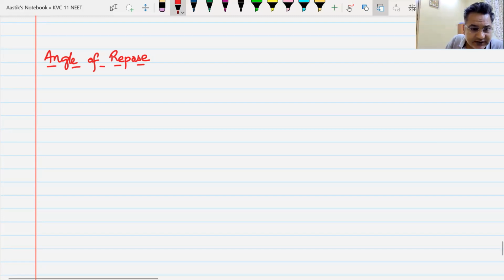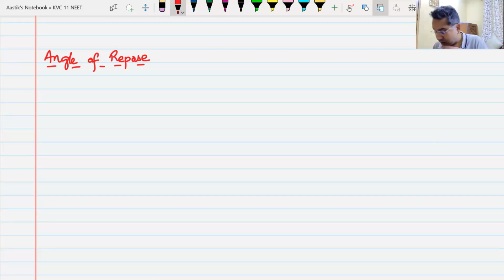In CBSE there is a practical on finding out the angle of repose. What is this angle of repose? There's a practical that is to be done. I don't know whether it is there in your board.